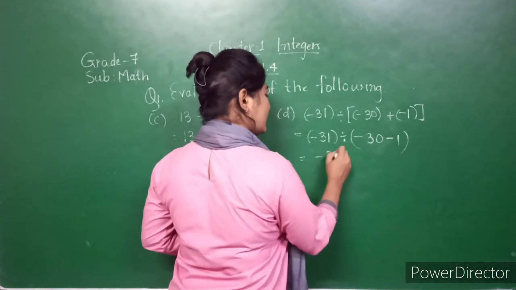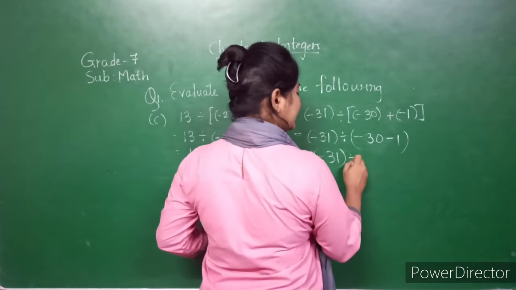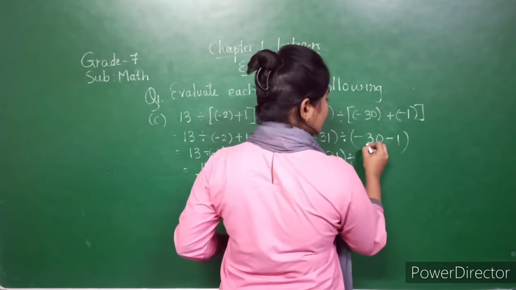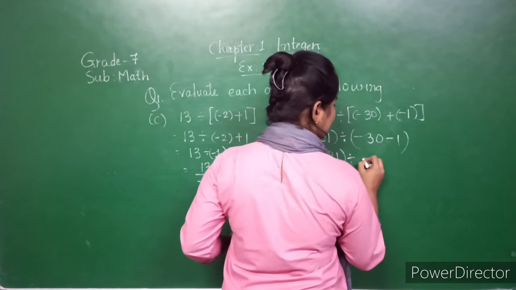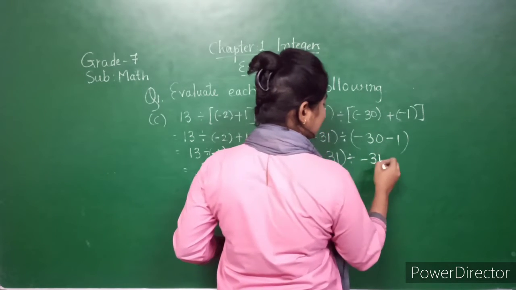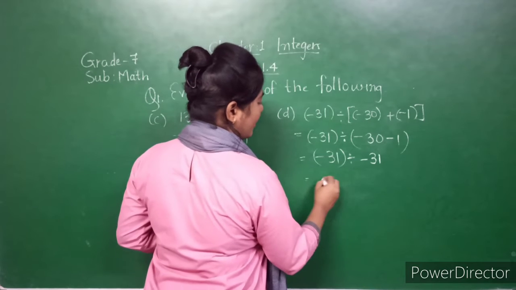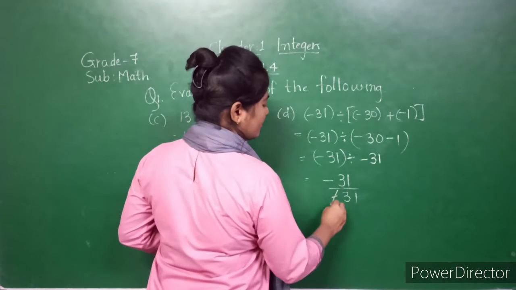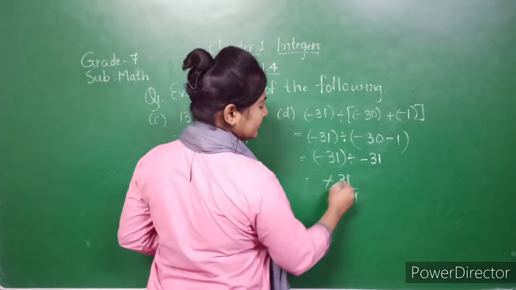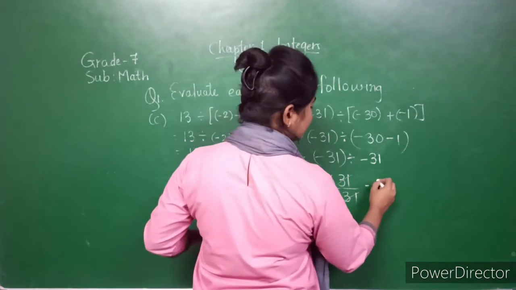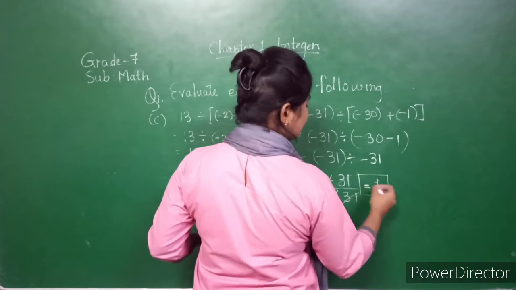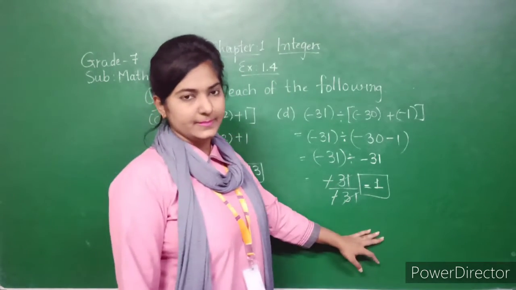Now minus 31 divided by minus minus it is plus. So 30 plus 1 that is 31, but we have to write minus 31. So minus 31 upon minus 31. So minus and minus cut, and here 31 it will be cut, and our answer is positive 1. So our answer is plus 1.